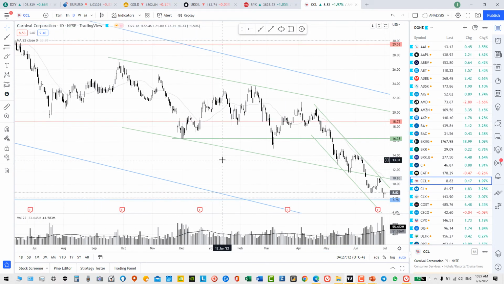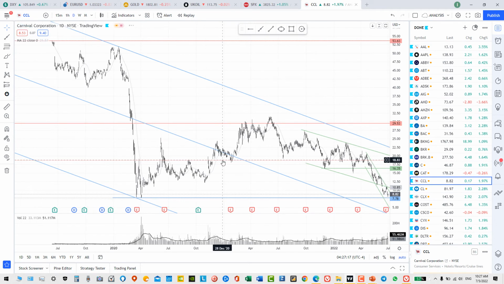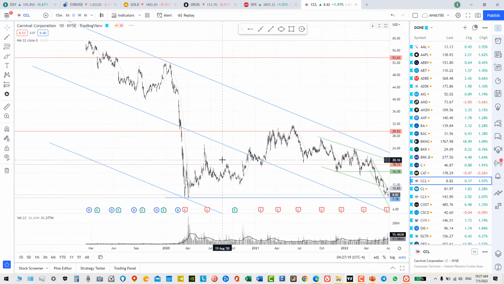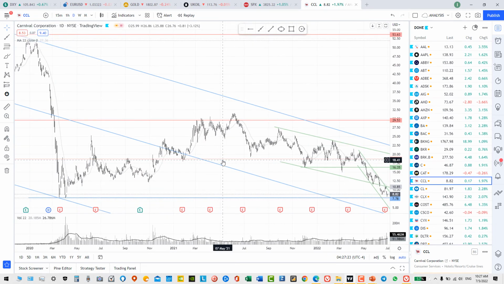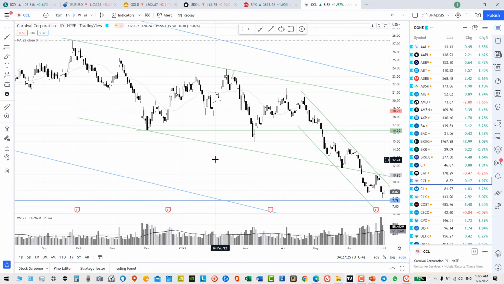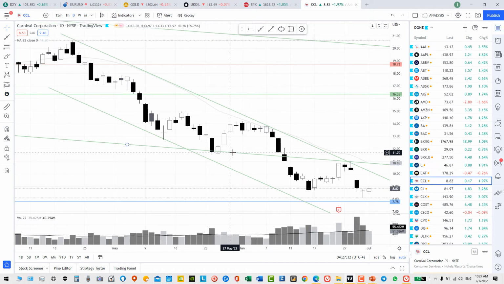And to keep things in context, Carnival now is in a major long-term downtrend, and the impulsive wave is downwards, and the short-term move is also down. So there are no signs of a reversal, even over the shortest time frame, at least until now.